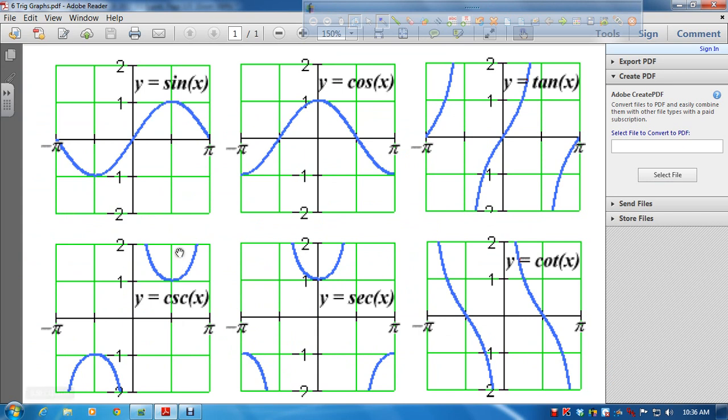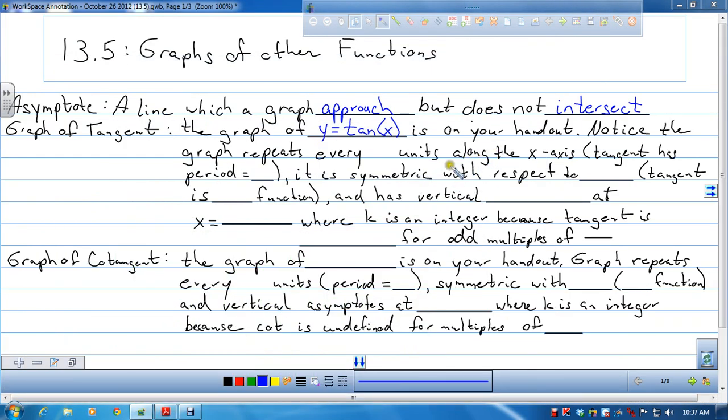As you look at that, you'll see there's one part and then it starts down here at the bottom again and it would continue up there. That graph actually repeats itself every pi units. So whereas our sine and cosine's period was 2 pi, tangent has a period of just pi.